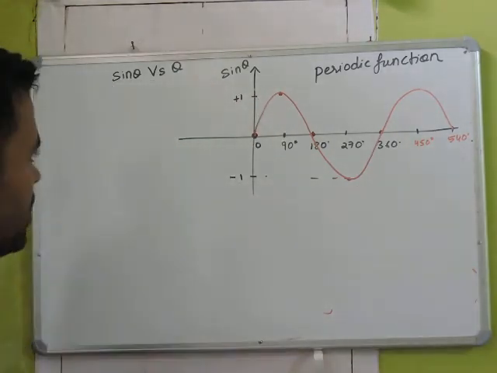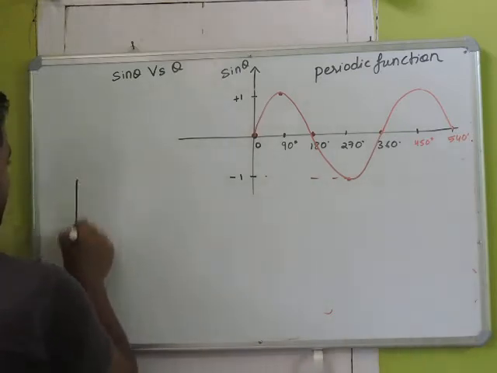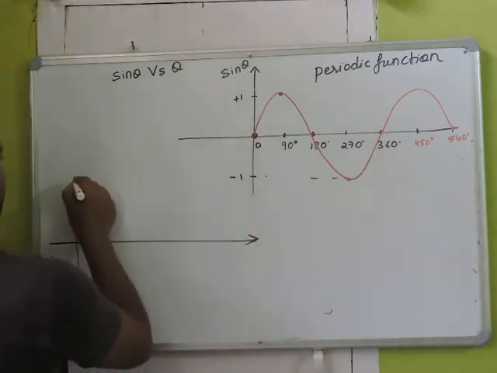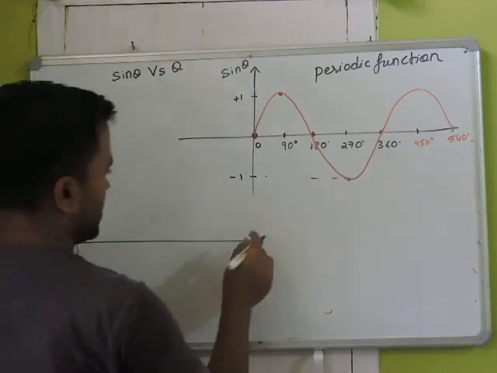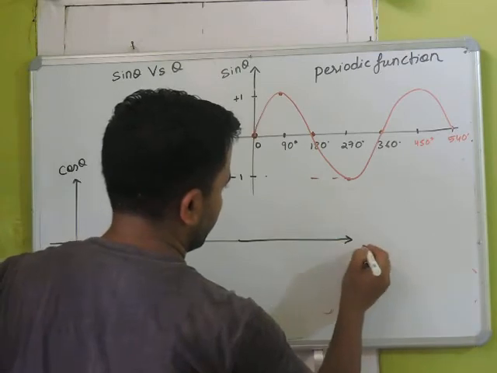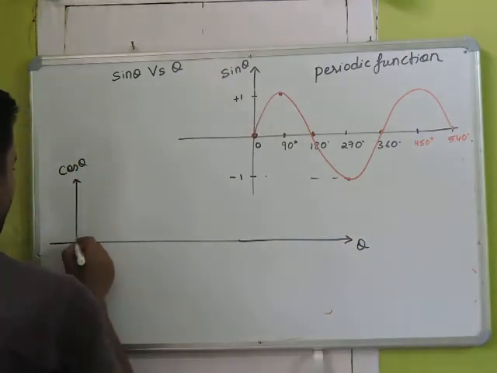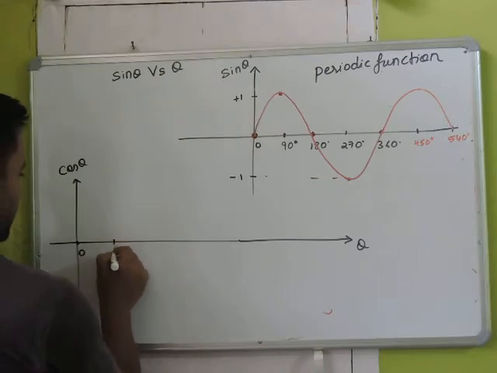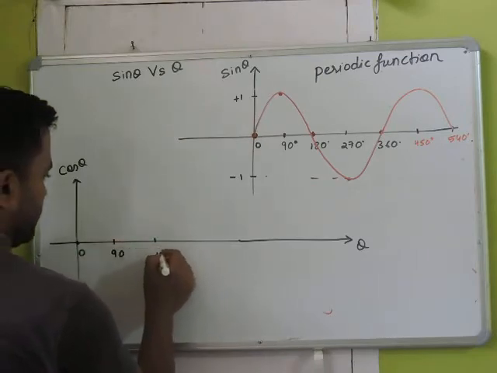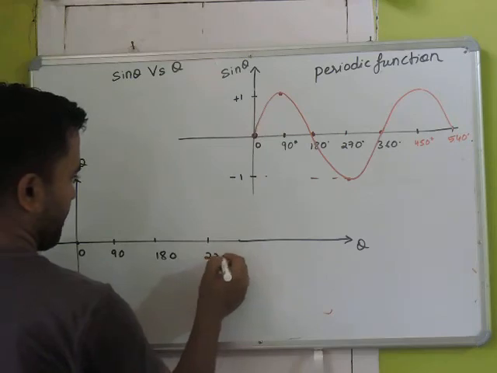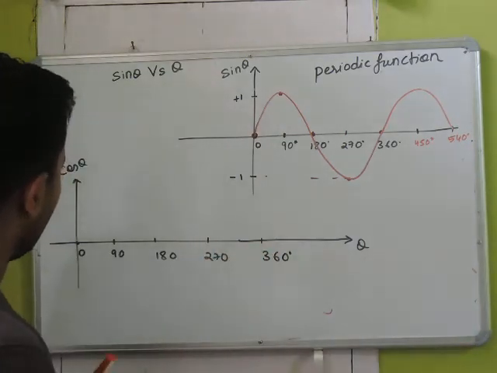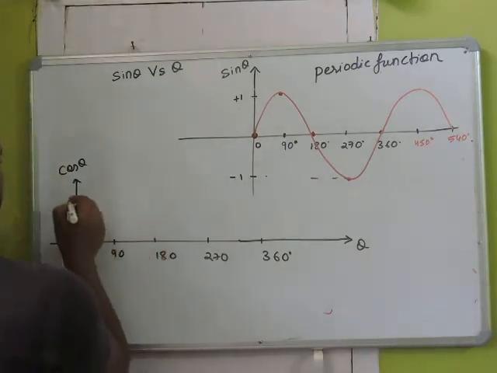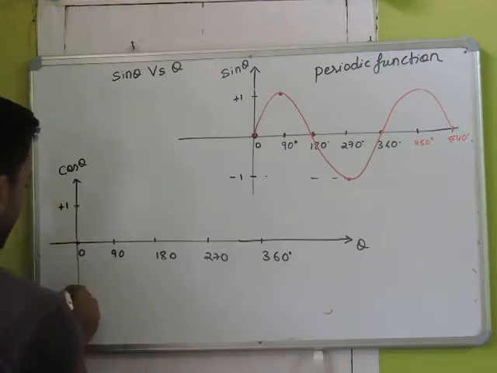If I plot cos theta versus theta, again cos maximum value is +1 and its minimum value is -1.